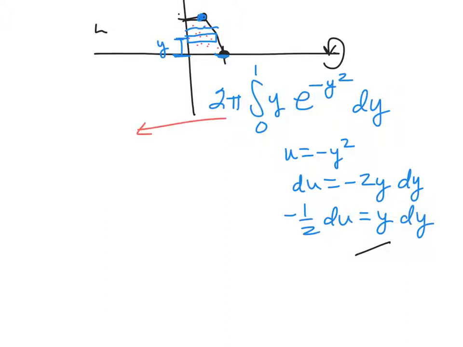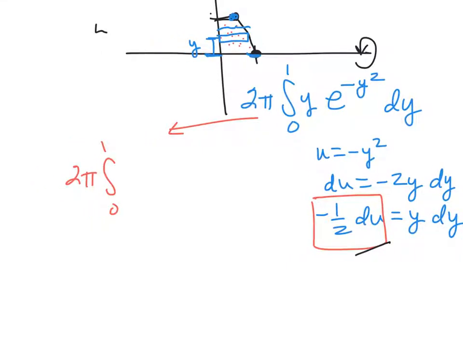I'll bring this over here now. So I have 2 pi times the integral from 0 to 1. And evidently I need to have a factor of negative a half along with that and a du.